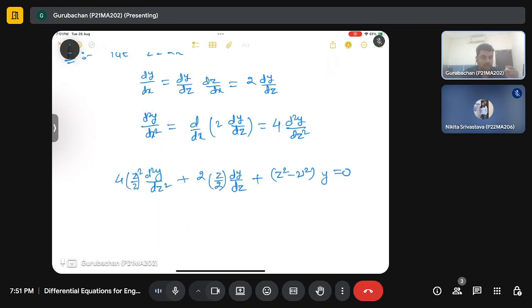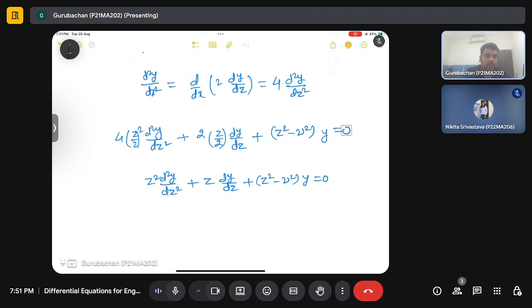So here we have just changed the independent variable x to z. So you will come up to z square d2y by dz square plus z dy by dz plus z square minus mu square y equal to 0.